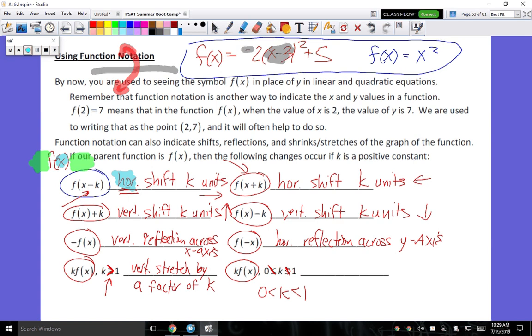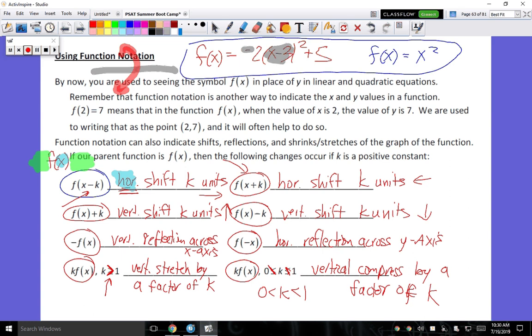Vertical compression by a factor of k. Okay, there's one that you will possibly see that is not up here, and it's one that is commonly missed. Compression and stretch.